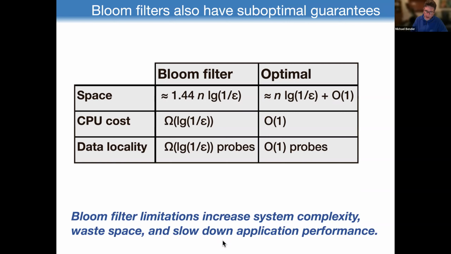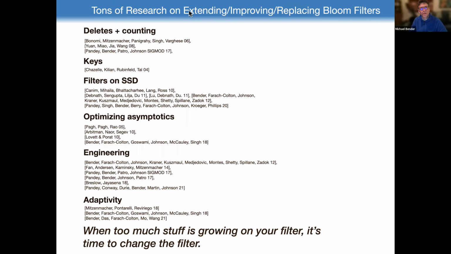Okay, so, well, the Bloom filter is a fantastic data structure, but there's other things to use instead, and we'll talk about that. So I also hinted at this earlier, there's tons of research on extending or improving or replacing Bloom filters. Like if you want to have deletes or counting or have keys or filters on SSDs or asymptotics or engineering or adaptivity.